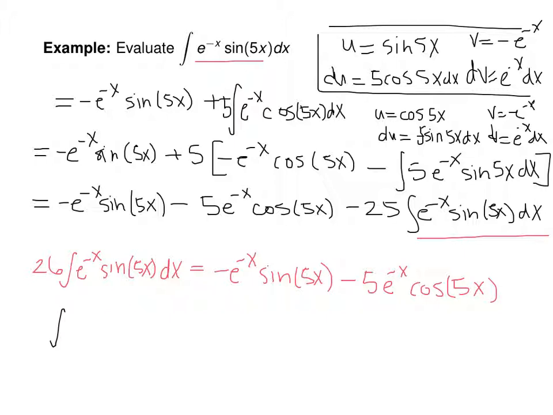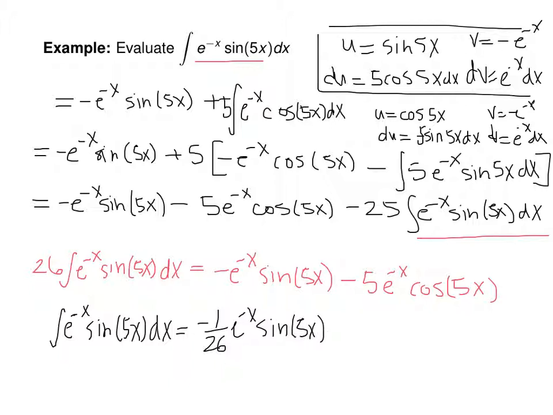So the integral of e to the negative x sine of 5x dx is equal to negative 1/26 e to the negative x sine of 5x minus 5/26 e to the negative x cosine of 5x plus c.